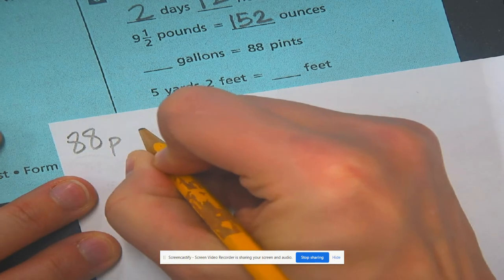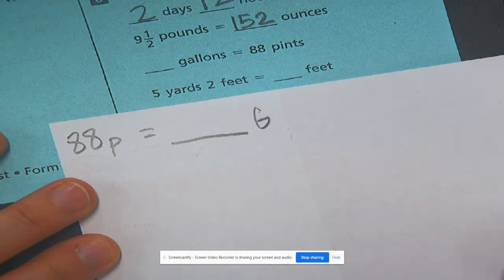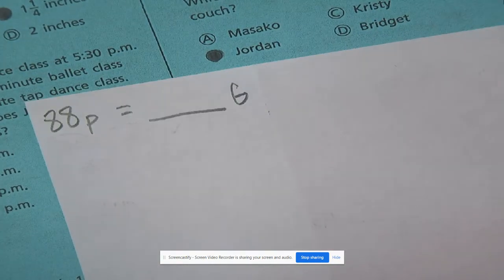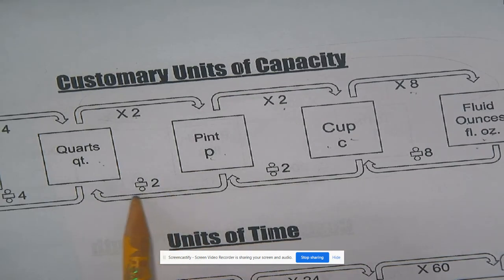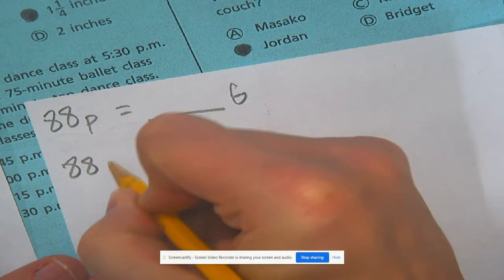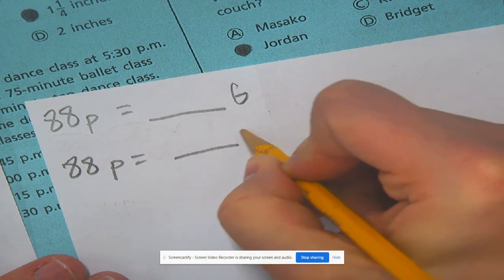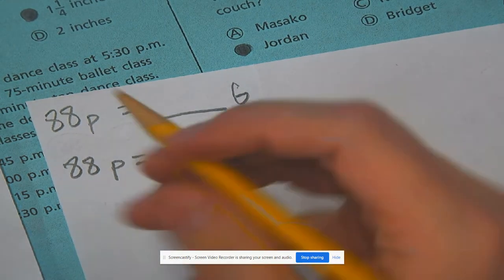I always just change it back this way. How many gallons? How do we go from pints to gallons? Okay, so we've got to go 88 pints equals how many quarts, right? How do I go from pints to quarts?